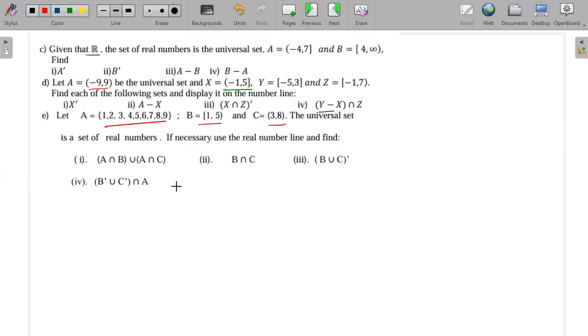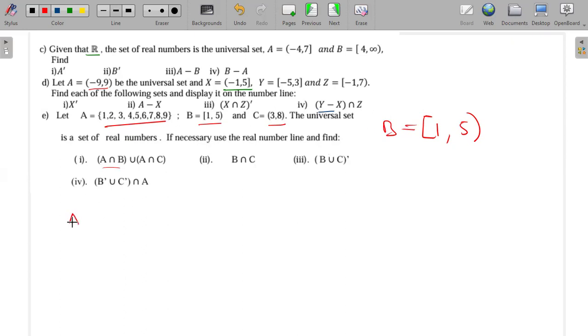So saying if necessary. If I look at A intersect B, my set B is starting at 1, going to 5, but 5 is not part of the set. And my A is just integers from 1 to 9.